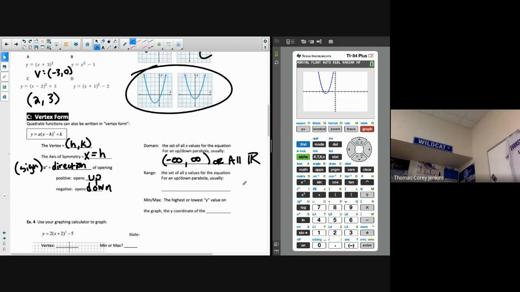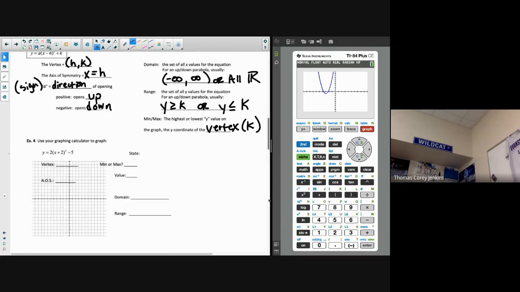It just depends on whether it opens up or opens down. And then the minimum or maximum value is the y-coordinate of the vertex, also known as k. Okay, so based on all that, and some of this is kind of abstract, it'll make more sense probably as we go. That's the hope. My formatting here is a little bit weird, so I'm just going to rewrite the vertex and AOS over here. AOS means axis of symmetry.